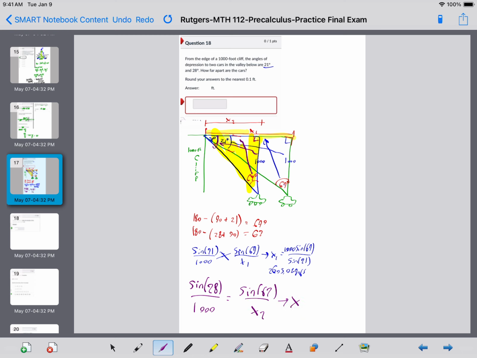Cross multiply, you get x2 equals 1,000 times sine of 62 divided by sine of 28. And you get x2 is approximately 1,880.726465.